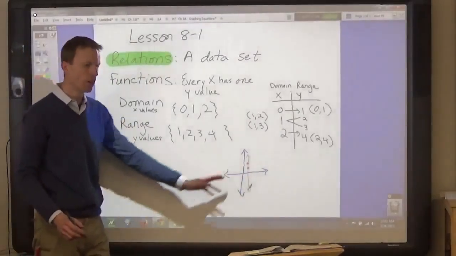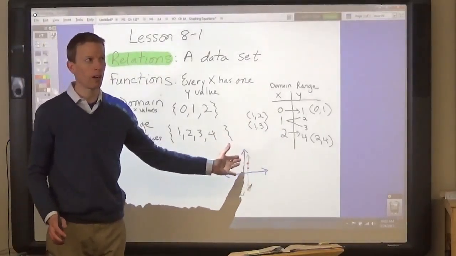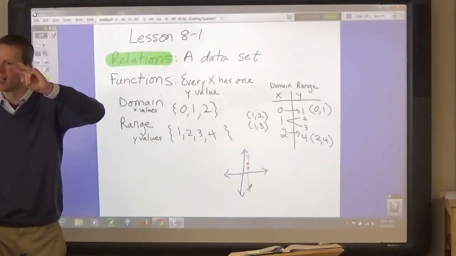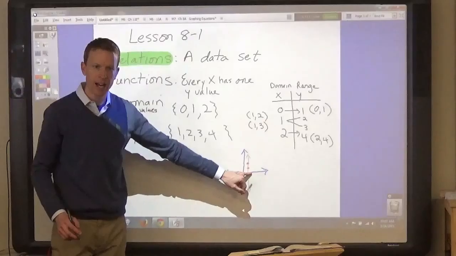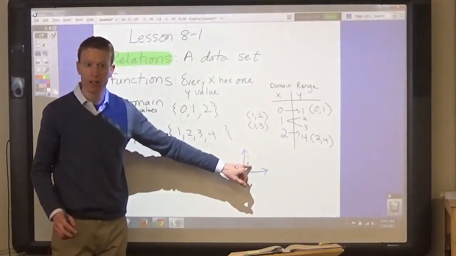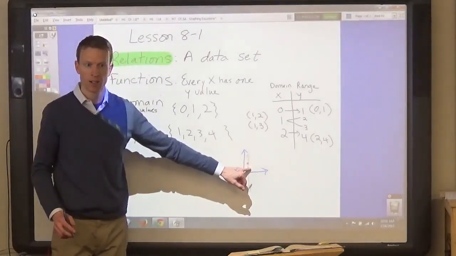The vertical line test is to check to see if 2 points are on top of each other, meaning that they have the same x value for different y values.